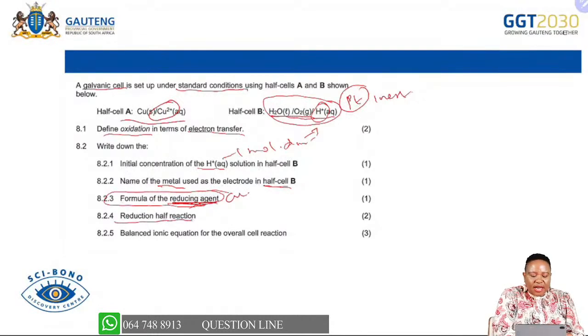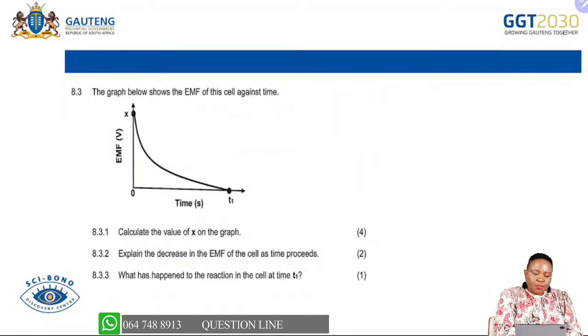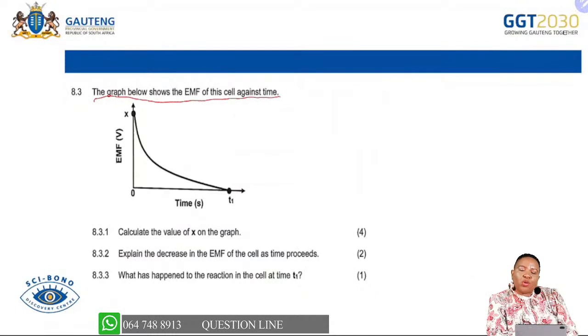And then the half cell that is reduction. So as you compare them again using the reduction potential table, you will see which half cell undergoes reduction and which one undergoes oxidation, and the balanced overall reaction where you remove what? The electrons. Then the graph shows the EMF as time progresses.